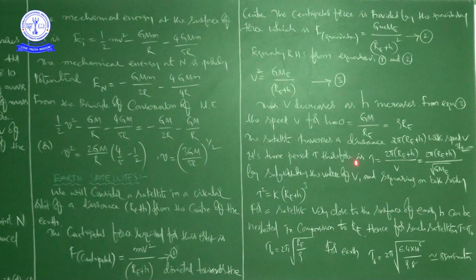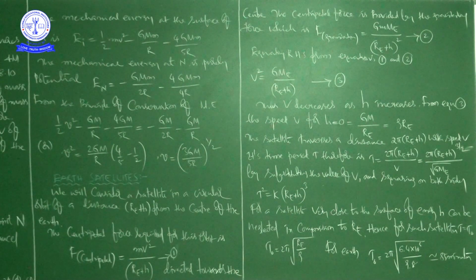Now see here where we have used the relation. In every orbit the satellite traverses a distance 2 pi into (R_E plus h), which is the circumference of the circle, with the speed v.